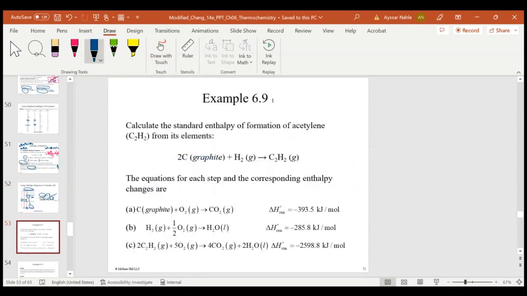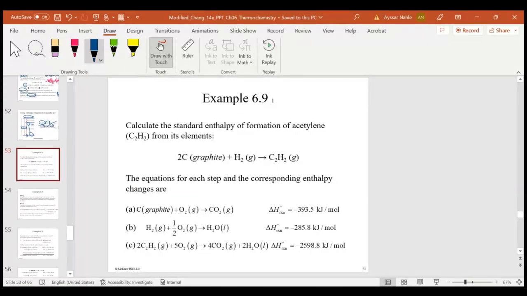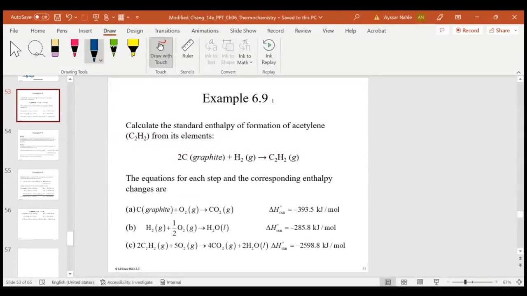Now, let's take an example here. Calculate the, now pay attention, I will not repeat anything, okay? Just pay attention and I will make it very easy for you. Calculate the standard enthalpy of formation of acetylene from its elements.